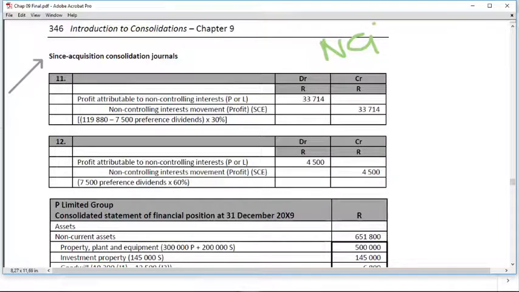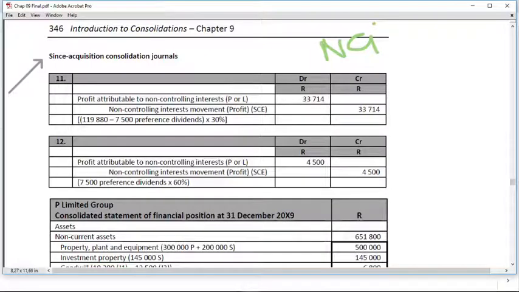The retained earnings opening balance of 7,500 eliminated in the at acquisition journal entry, and a portion of that was attributed to NCI. The first 3 months profit was eliminated at acquisition date and was attributed to your NCI through the at acquisition consolidation journal entries. So that has happened.